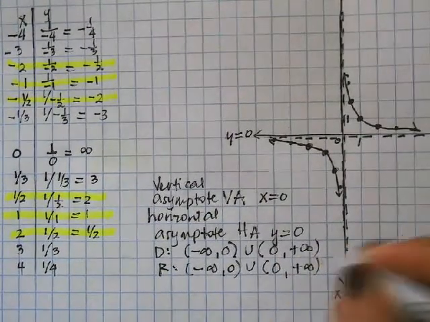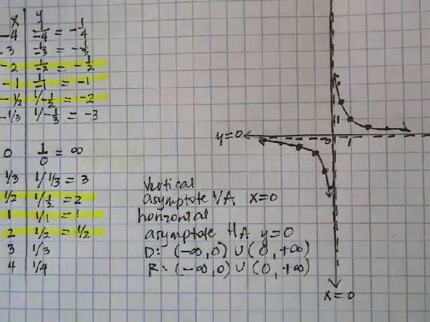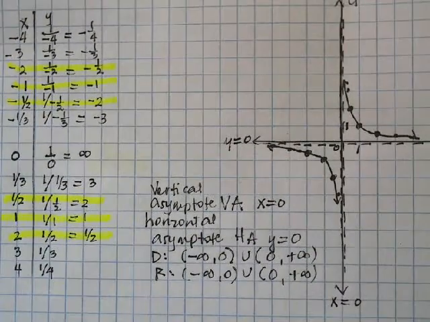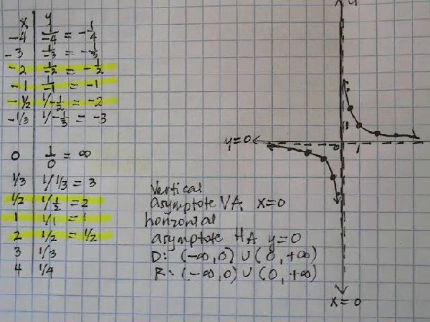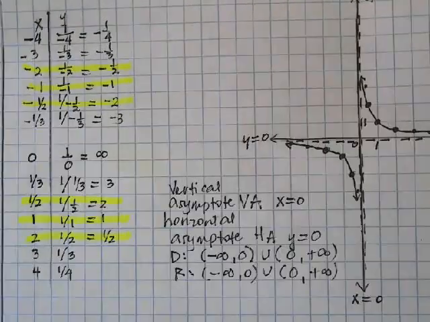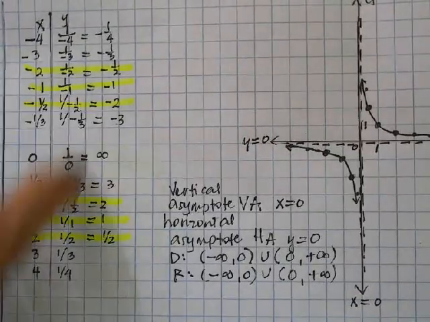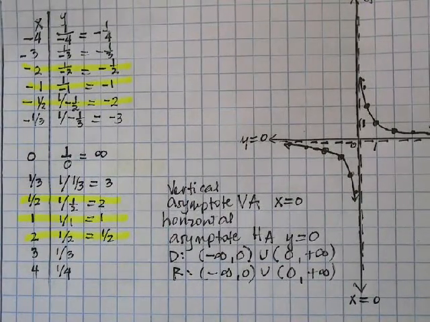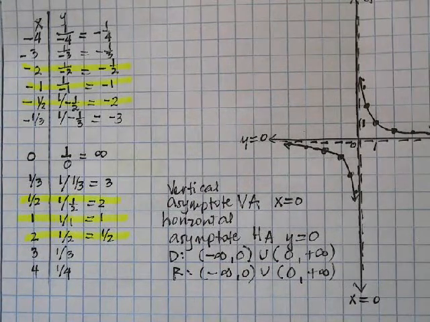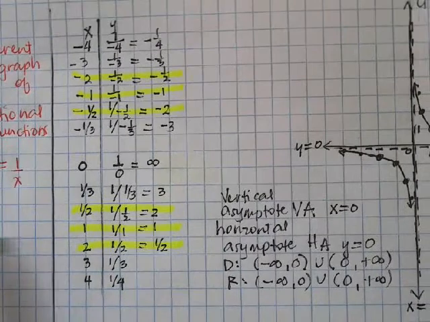Okay, so again, this is the parent graph, y equals 1 over x. So what do you think will happen? Again, we graph only these six points, and we get our x and y intercept, horizontal and vertical asymptote. Okay, so what do you think? Let's transform this.